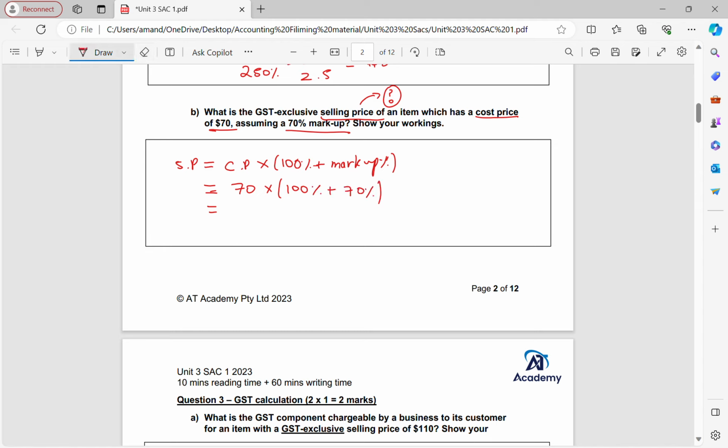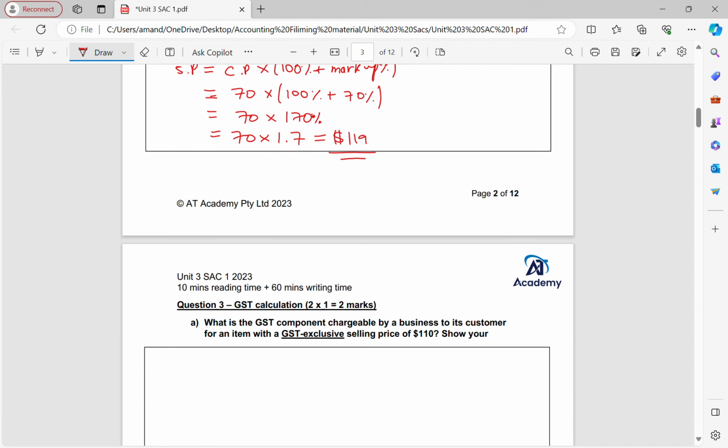I know this doesn't make much mathematical sense, but essentially it just means 100 times 170%, which is just 70 times 1.7, which is also simply equal to $119. There you go. That shouldn't be too shabby. Right, we can move on to the next question.